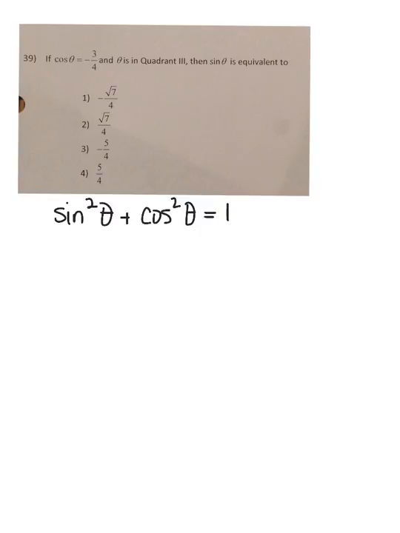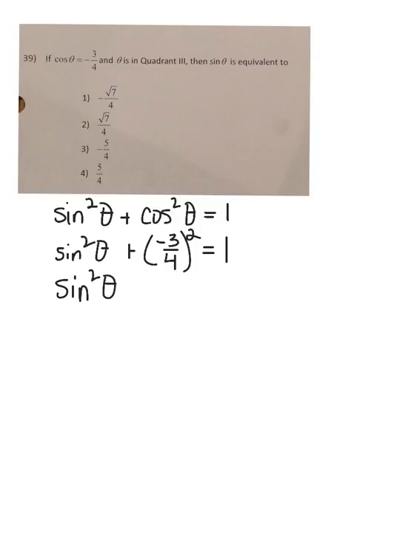I wrote down the Pythagorean identity. They give us that the cosine is negative 3 over 4. Sine squared theta plus negative 3 over 4, remember to square that, equals 1. Sine squared theta plus negative 3 when I square that is 9, 4 when I square that is 16, equals 1.